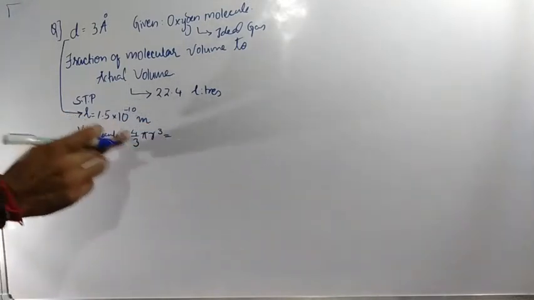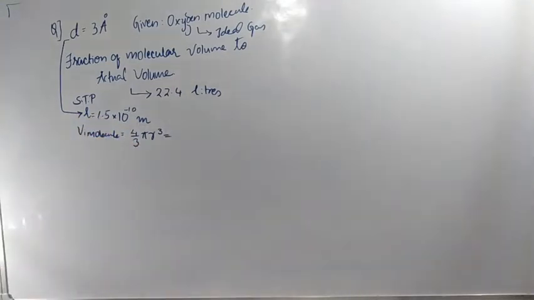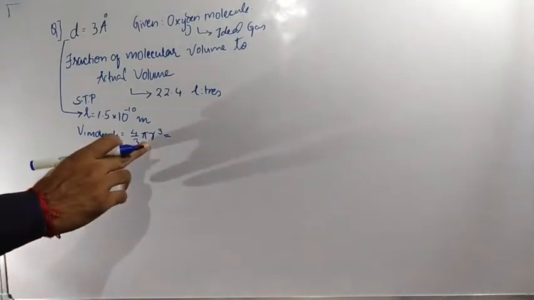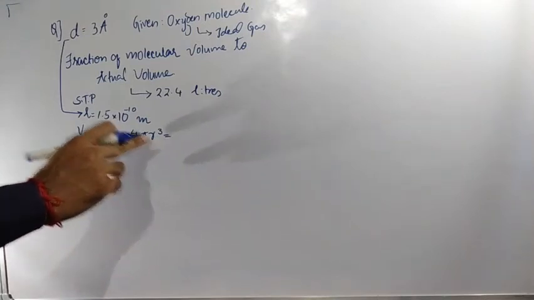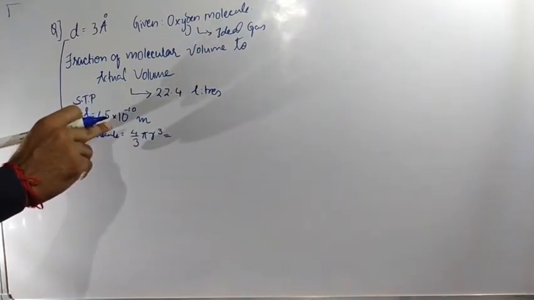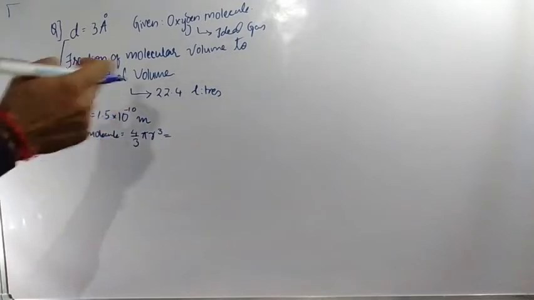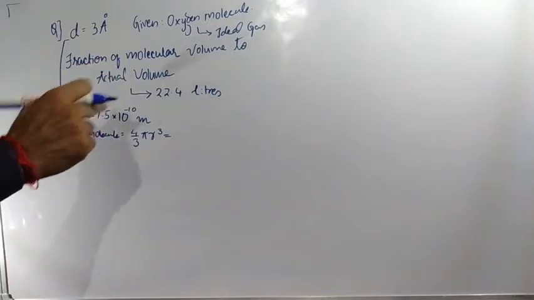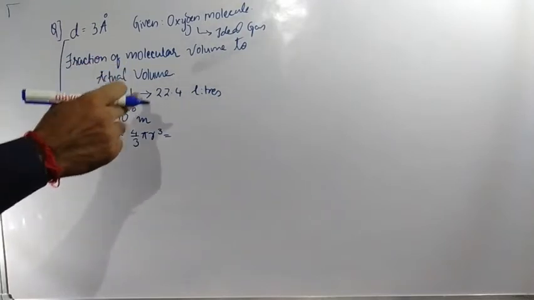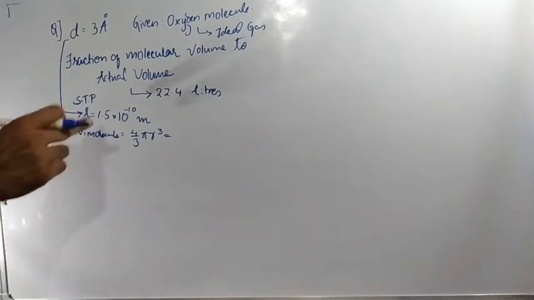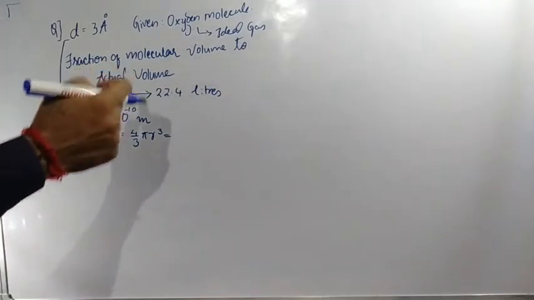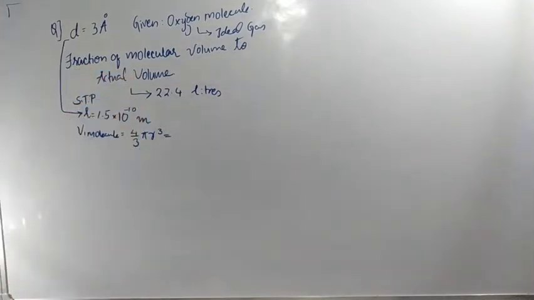So here you have r. 4 by 3 is a constant, pi is a constant, only the r value you have to substitute. Take pi as 3.14. The R value we already have is 1.5 into 10 to the power of minus 10. This complete factor r cube means 1.5 cube into 10 to the power of minus 10 cube. So 10 to the power of minus 10 cube is 10 to the power of minus 30, remember.